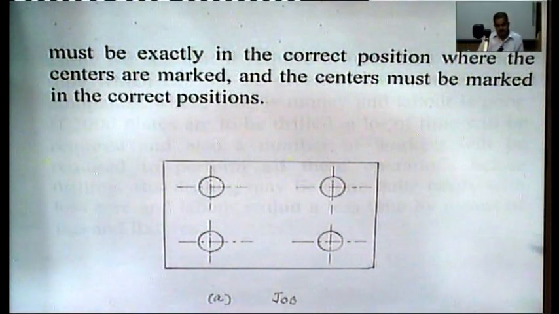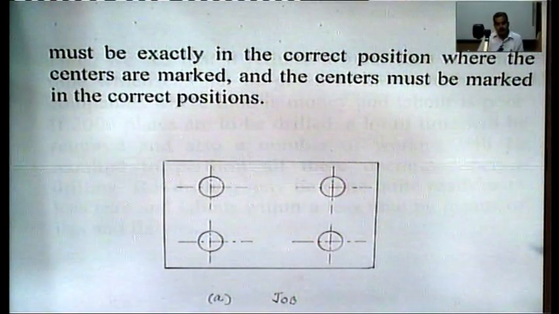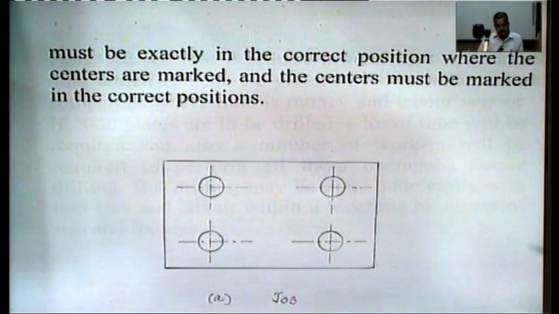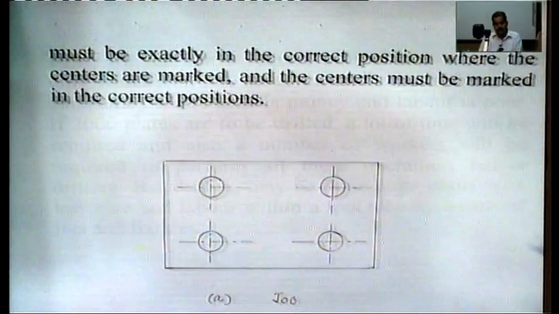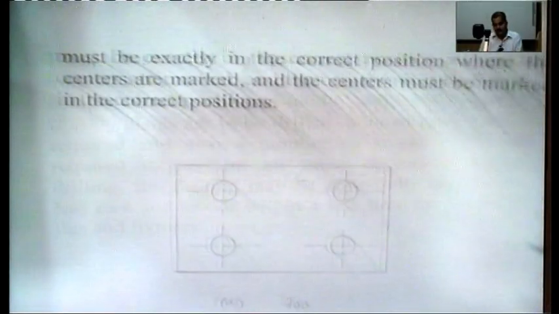Then centers of the holes are marked with some pointer and this plate is brought under the drill and 4 holes are drilled one by one at the marked points.